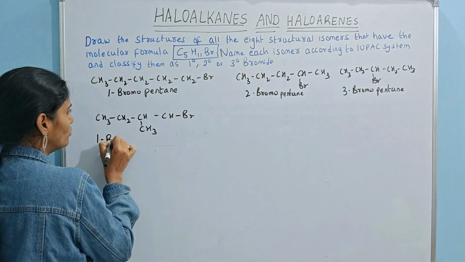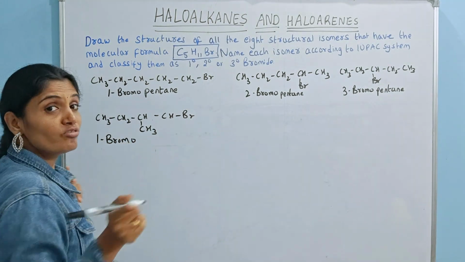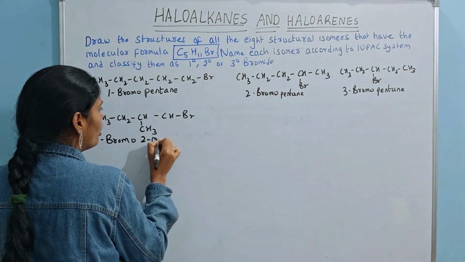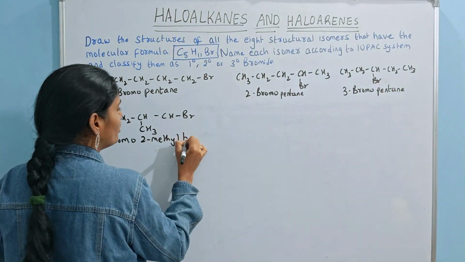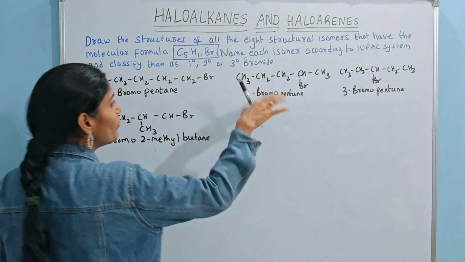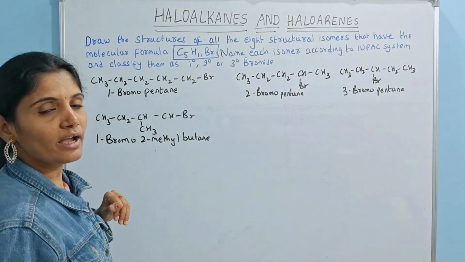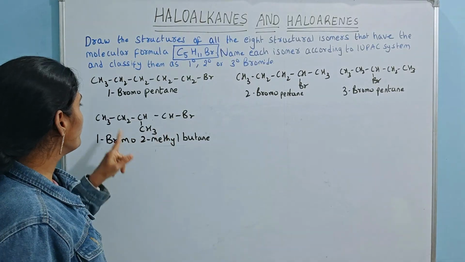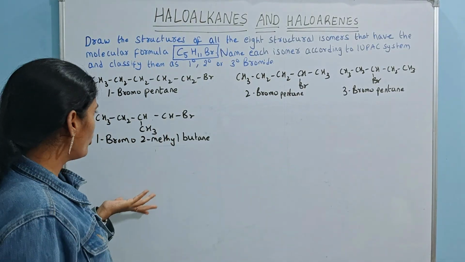So 1-bromo, because bromine comes first in alphabetical order, then 2-methylbutane. Just see that the names don't repeat anywhere, because if the name is repeating, you are writing the same structure again, which you should not be doing.